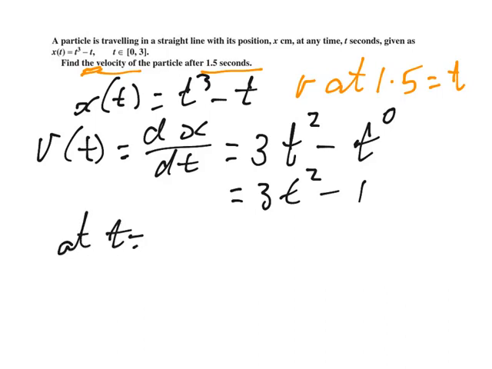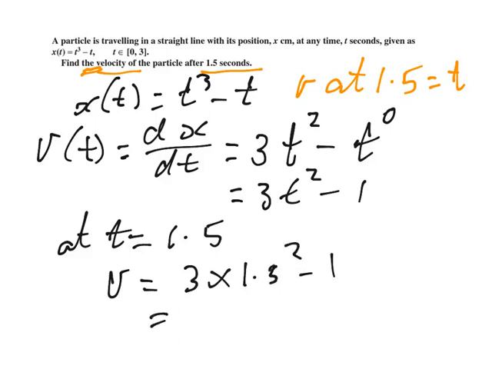So t equals 1.5. Our velocity is 3 times 1.5 squared minus 1. And when you calculate that on your calculator, you get 5.75 meters per second.